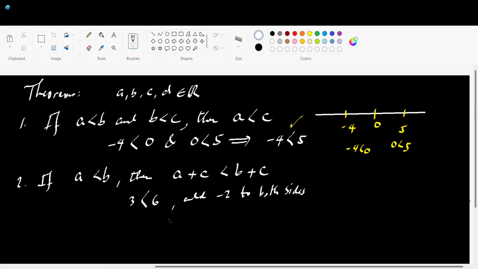And what do we get? 3 minus 2 is 1, 6 minus 2 is 4. Still, 1 is less than 4. So adding any constant to both sides of the inequality will not change the sense of the inequality.